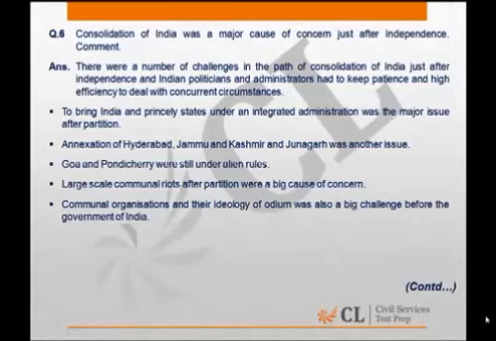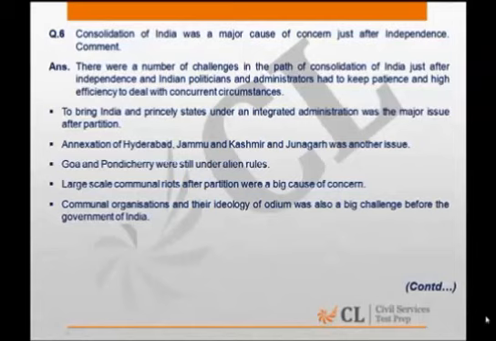Moreover, Pakistan adopted a stance of enmity with India. Consequently, it threw a proxy war, and apart from it, the internal political ideology, like the leftist faction of the Indian political system, didn't appreciate the freedom.